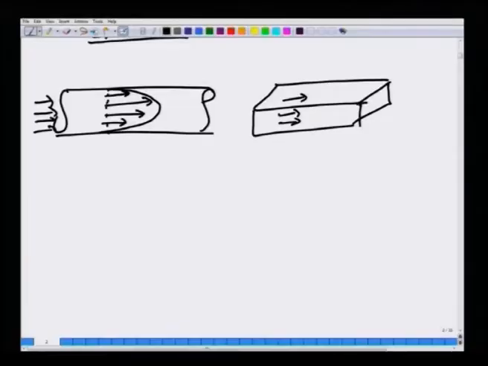So, flow through ducts and channels is not always uniform, in the sense that the velocity is not a constant with respect to the cross sectional area. The velocity varies as you go from the center towards the wall, and typically the velocity is 0 at the wall and maximum at the center.